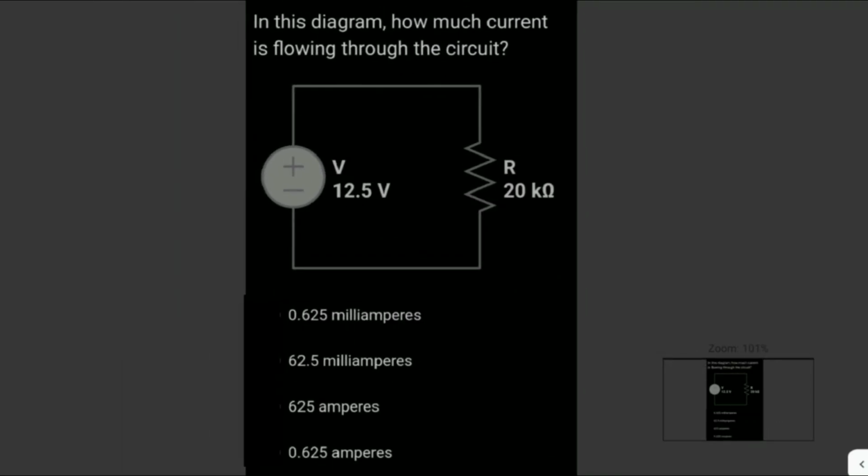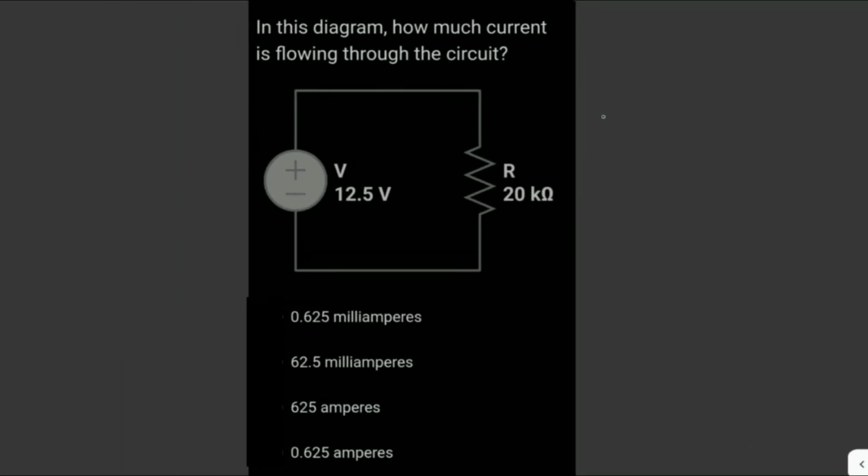Okay, so to solve this, we will use Ohm's law. Voltage equals current times resistance, since we are given here voltage of 12.5 volts and resistance, which is 20 kilo ohms. So let's convert 20 kilo ohms to ohms first.